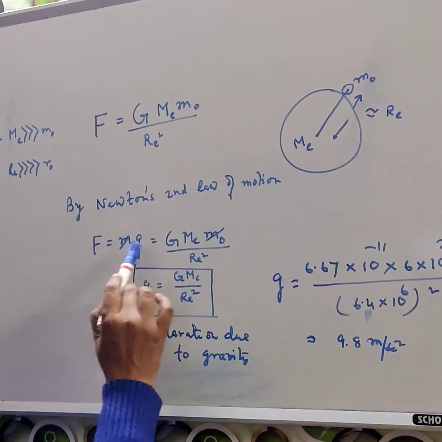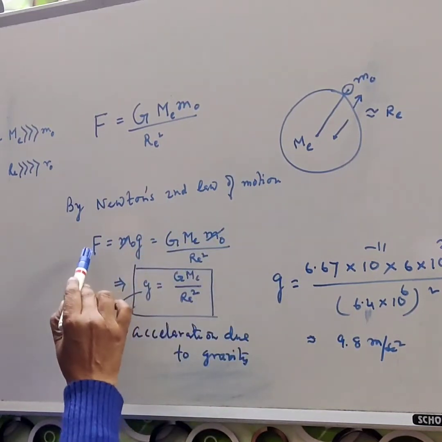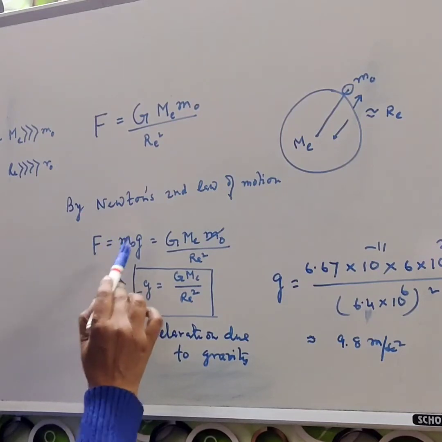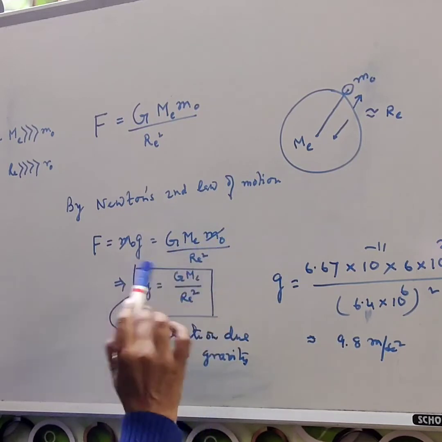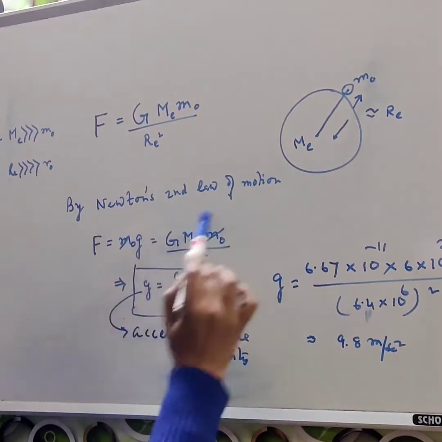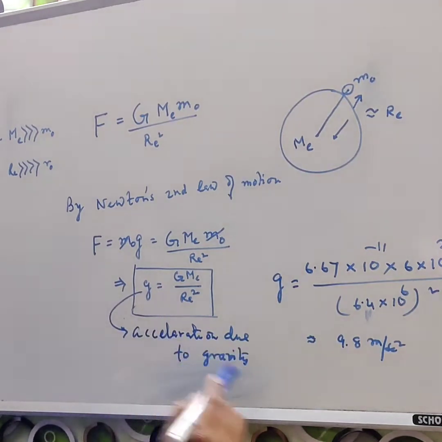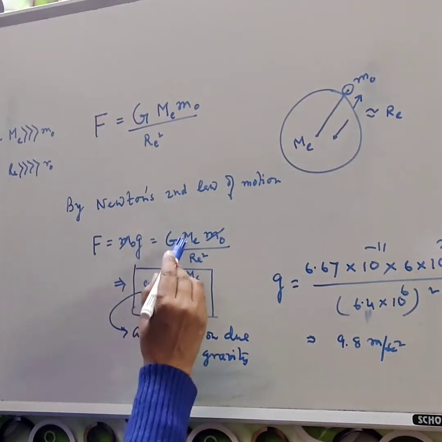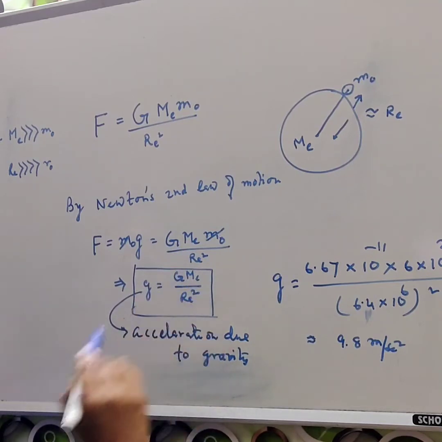Since inertial force and gravitational force are both acting together, we can say F is equal to MO into g is equal to G into ME into MO divided by RE square. MO and MO will cancel out, so g, that is acceleration due to gravity, is equal to capital G into mass of Earth divided by radius of Earth whole square.